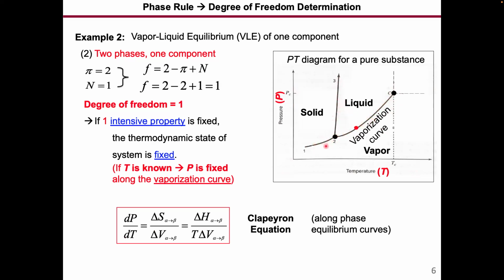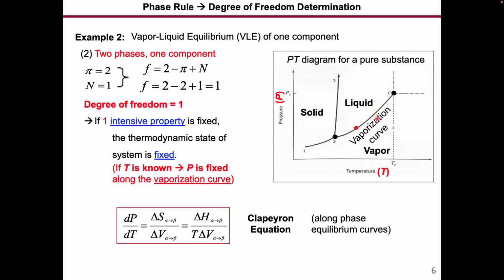And that slope you can actually calculate based on the enthalpy change associated with this phase transition from alpha phase to beta phase, divided by the temperature at which the phase transition is occurring, and delta V, the volume change going from alpha phase to beta phase.